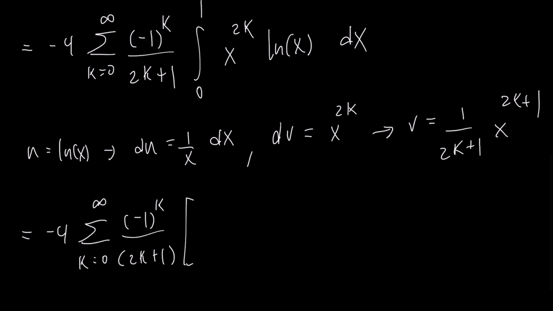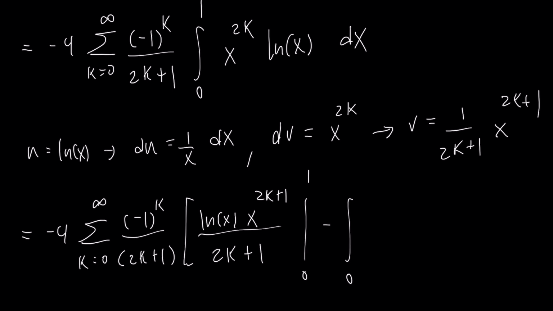We'll have u times v, so ln x times x^(2k+1) divided by 2k+1 from 0 to 1, minus the integral from 0 to 1 of v times du, times 1 over x dx.